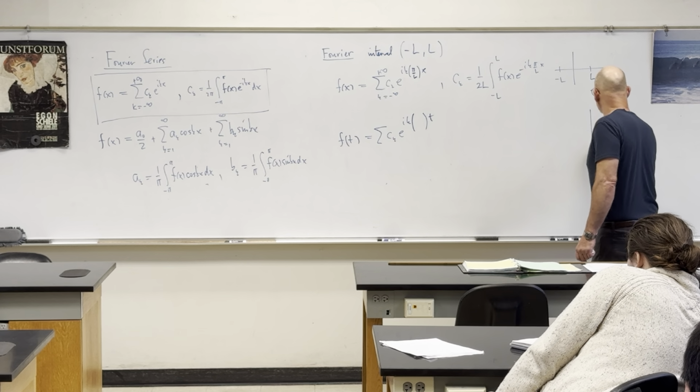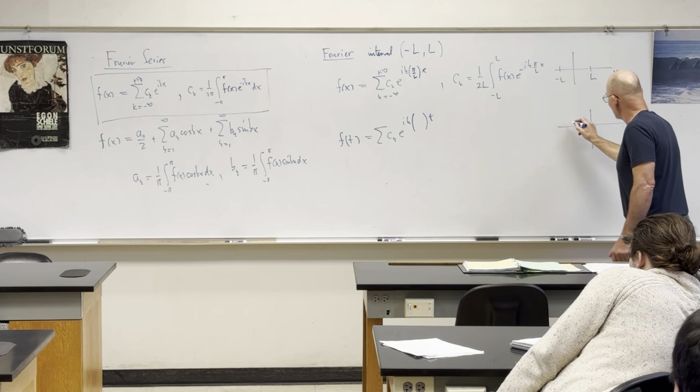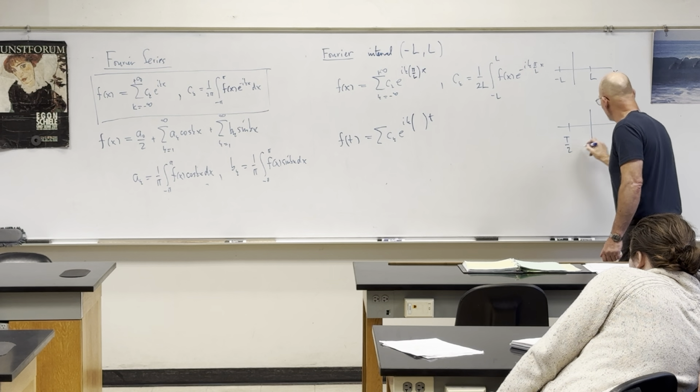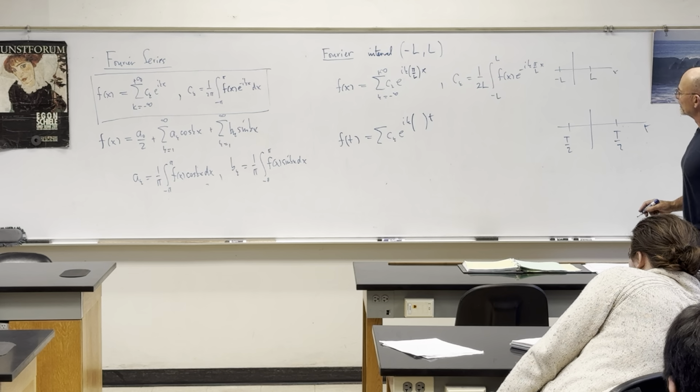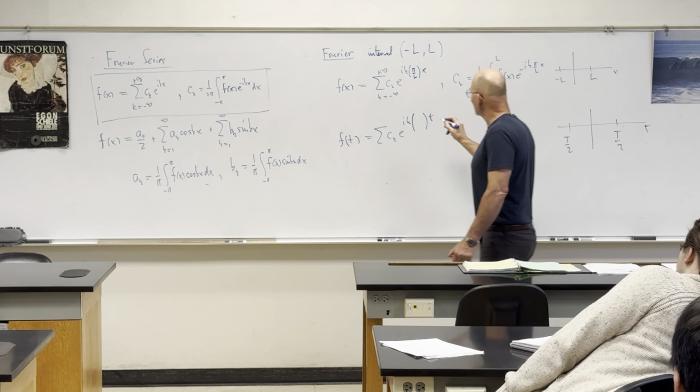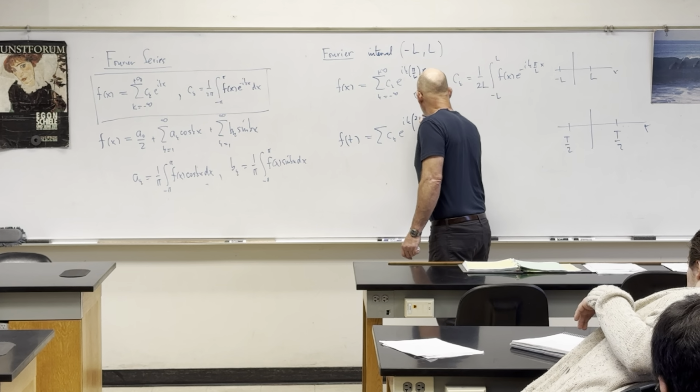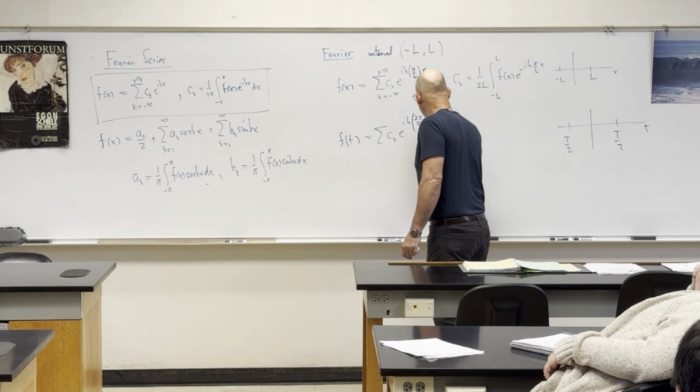The idea here is that since we're doing a periodic thing, we want this to be t over 2 on the t-axis. And so then we end up with I k 2 pi over t.